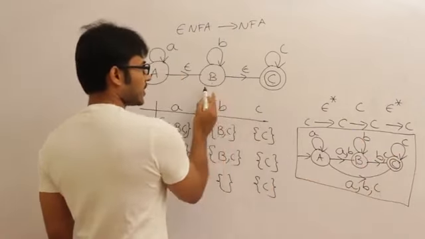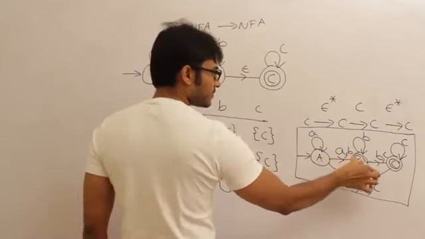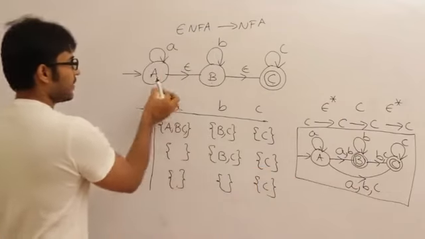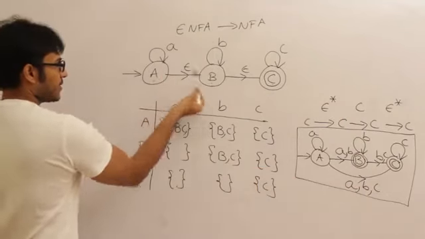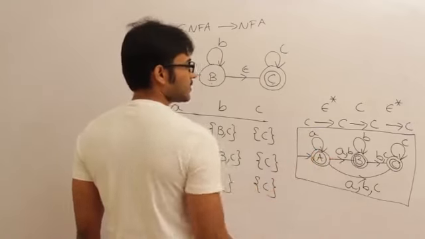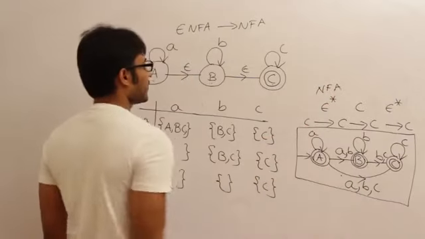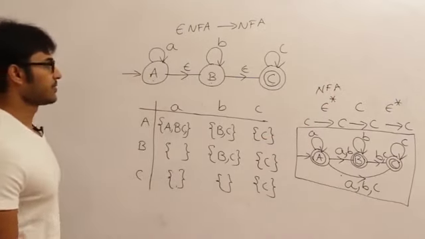If you look at B, it can reach C just by epsilon, therefore B has to be final. And A on epsilon also reaches the final state, therefore A has to be final. So this is the NFA. We constructed the NFA for the given epsilon NFA.